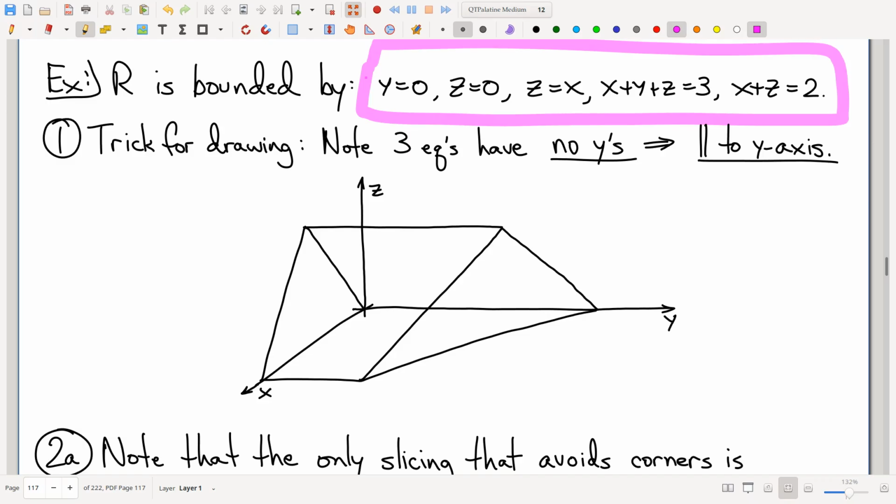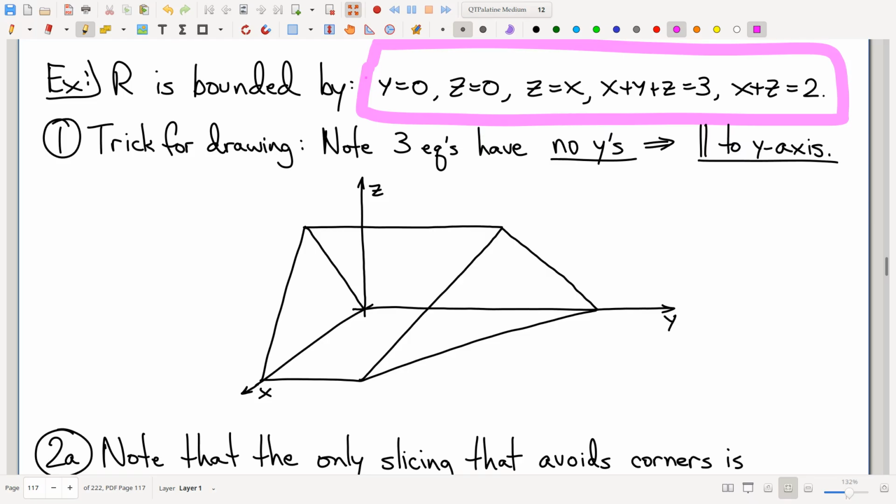Now in general, if I were to just give you 5 random planes, and ask you to find, understand and draw the resulting solid that is the unique region bounded by 5 random planes. Oh my gosh, that is really, really hard. I don't think I could do it easily, depending on what the planes are. Super challenging. That's not what we're looking at here.